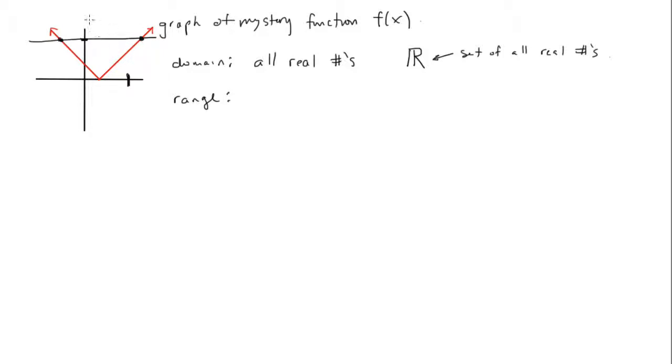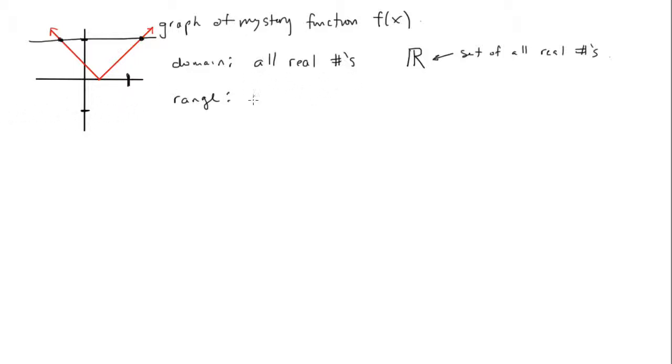So we need to ask that question basically for every single y value on the y-axis. And from the graph we can sort of guess that we're okay as long as we ask about positive numbers or perhaps 0 because it touches the axis right there. But if I choose this number down here, say, something negative, the red graph doesn't ever hit that y value. Okay?